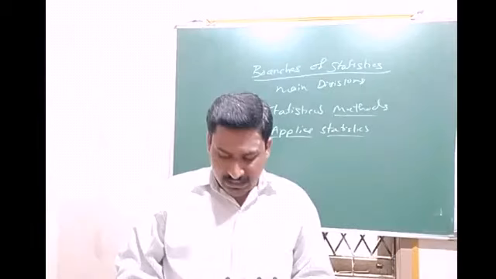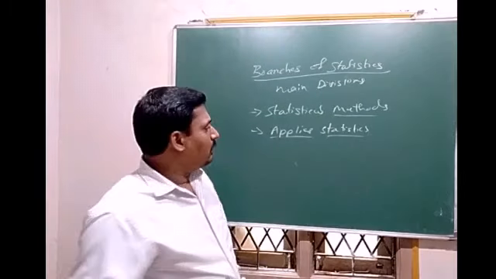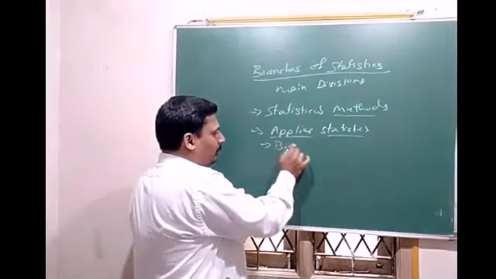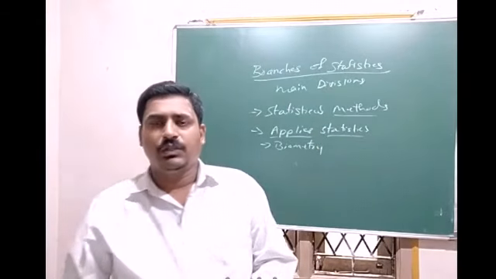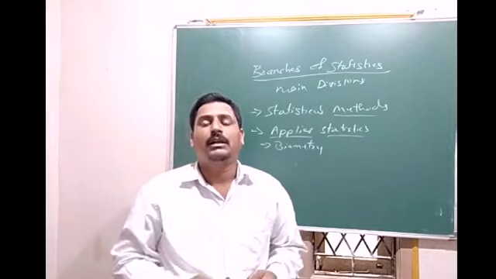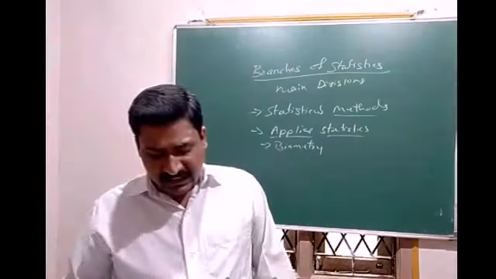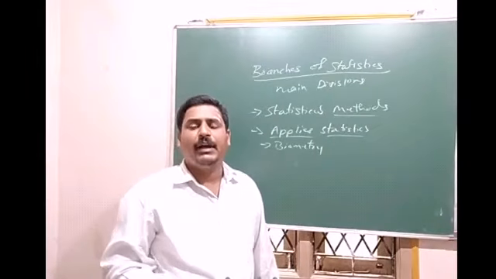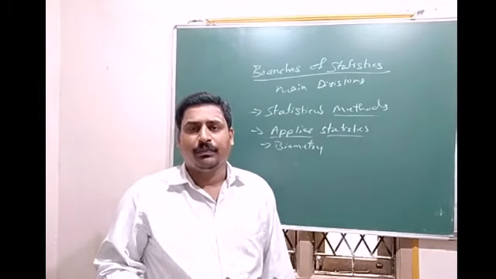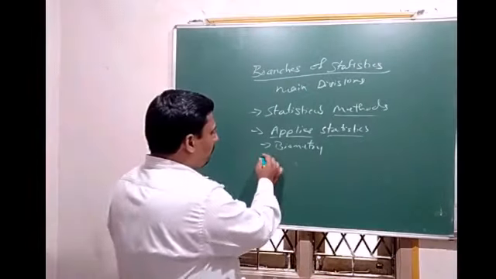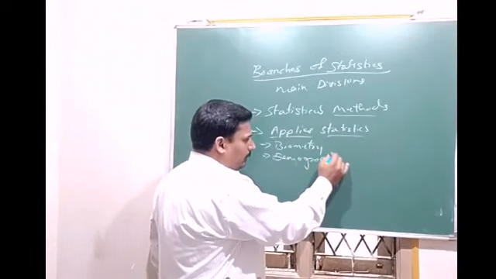Some branches of applied statistics are: first one, biometry. Biometry, so biology is one of the branches of science. Statistics is used in biology to solve some problems in the biology subject. Next, it is useful in demographic study.